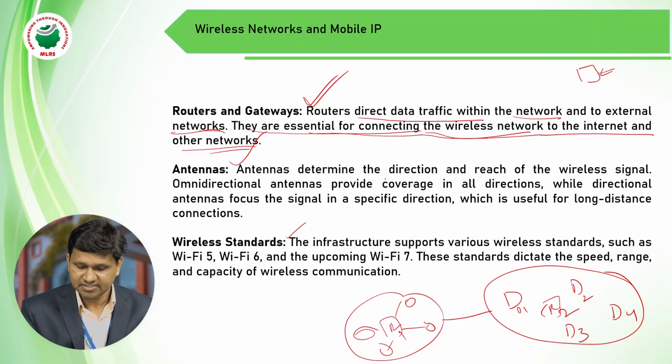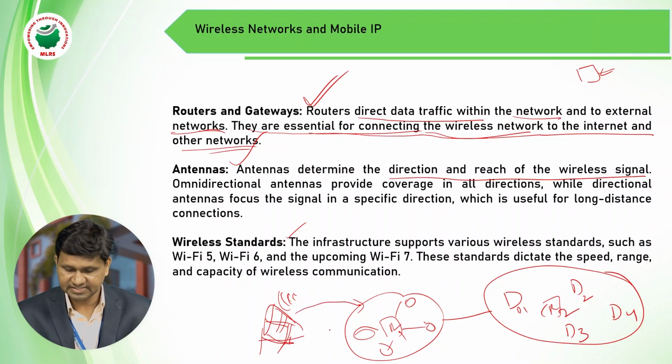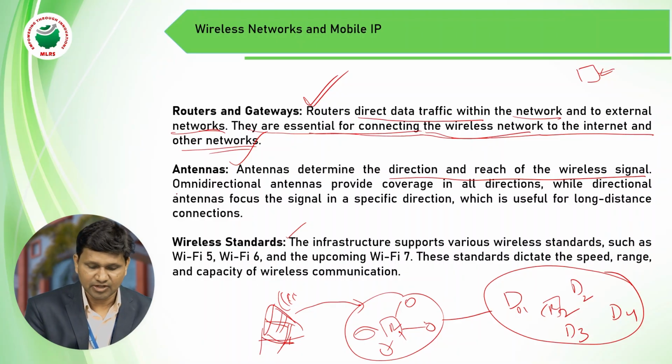Antennas. Antennas determine the direction and reach of the wireless signals. Suppose, for example, I have a device and an access point within the station. If you want to send a signal, there is the direction and reach of the wireless signal.